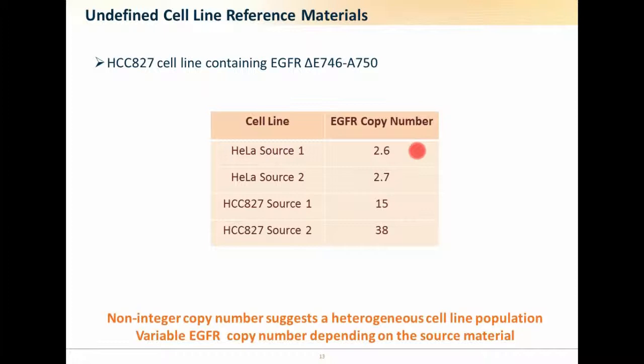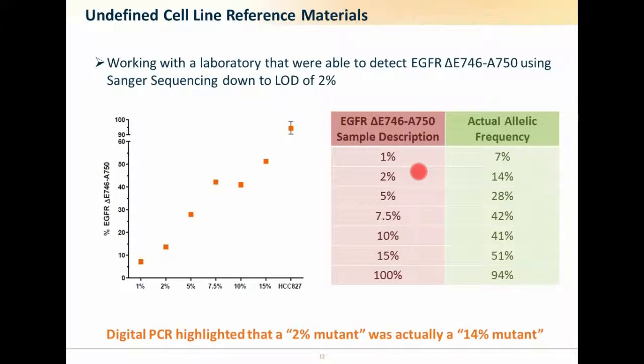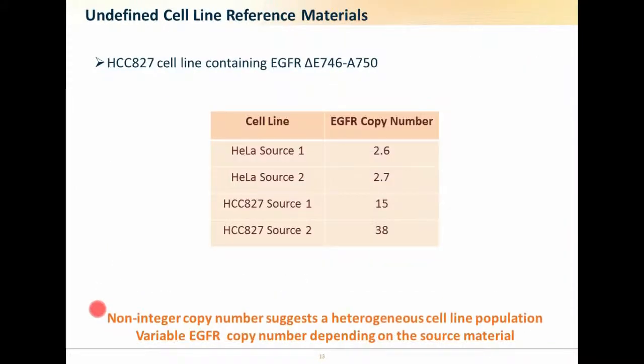So even if the copy number of the mutant was correct, mixing with a heterogeneous population would have thrown up errors in the dilution curve anyway. So there were a number of factors impacting why this dilution curve was so messy.